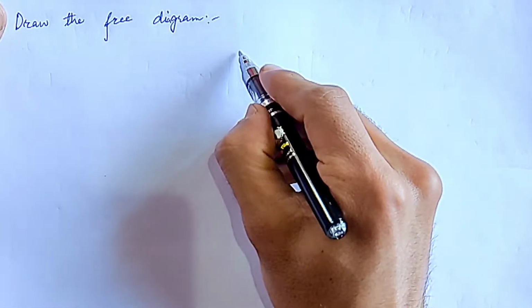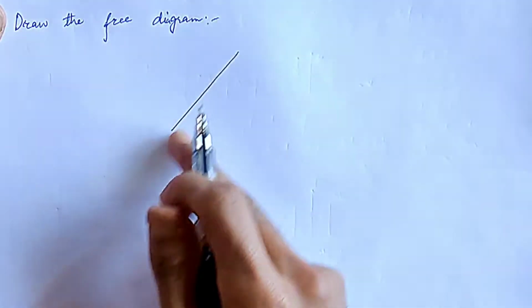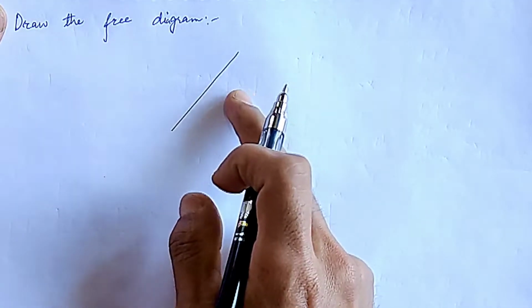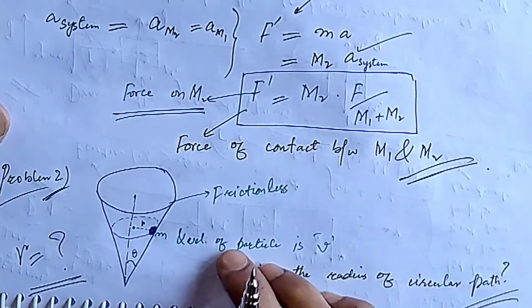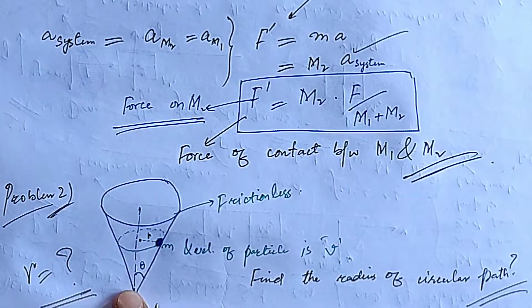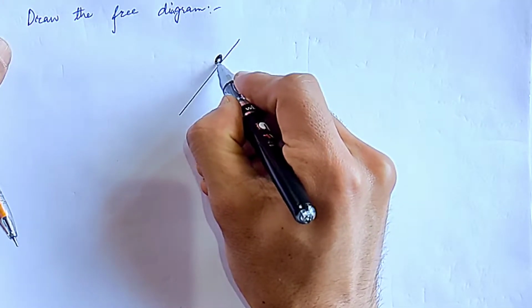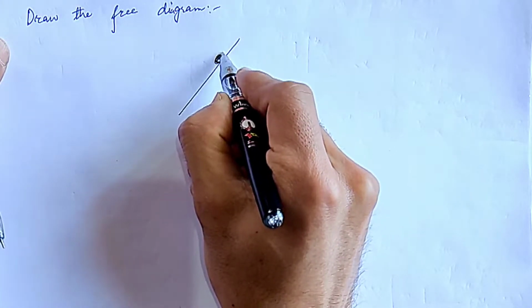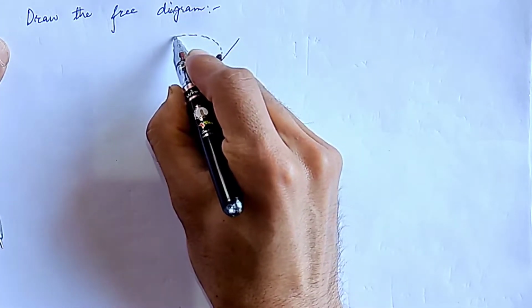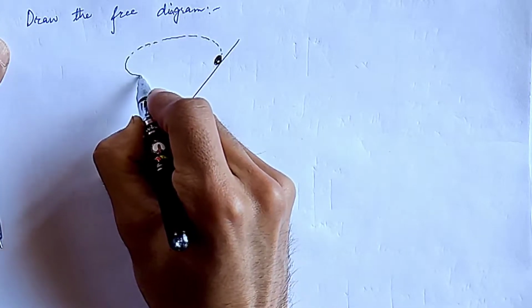How is that drawn? This is the wall of the container, the conical shape which I have shown you here. This is the wall of the cone. On it, the body m is here. It is moving in circular motion, and the circular path is like this.